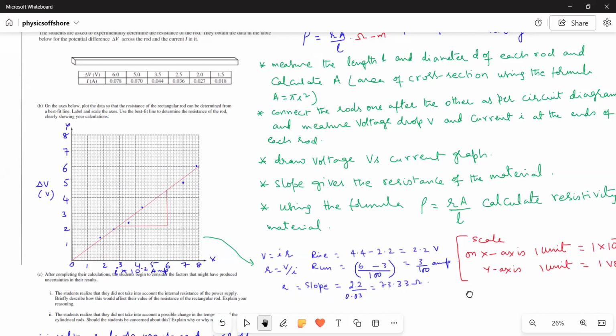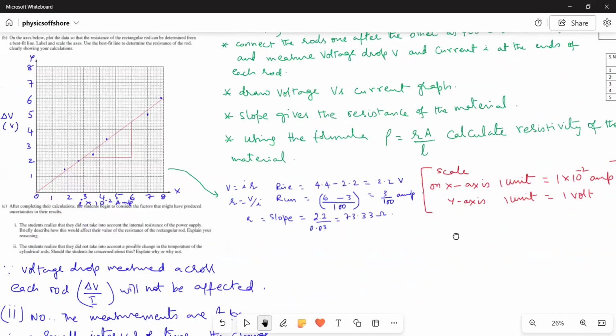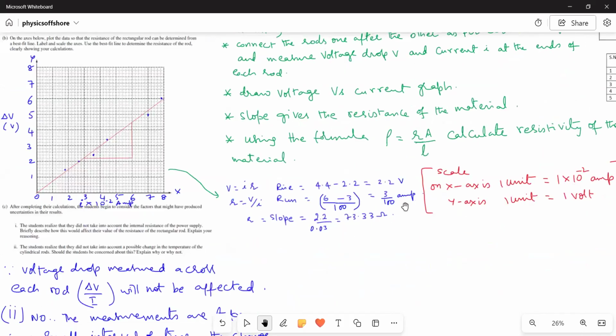Here I have taken, and then I mentioned the scale also here. On the x-axis, 1 unit is equal to 10 to the power of minus 2 amperes. That means 0.01 amperes. Here writing is very difficult because the area is small.